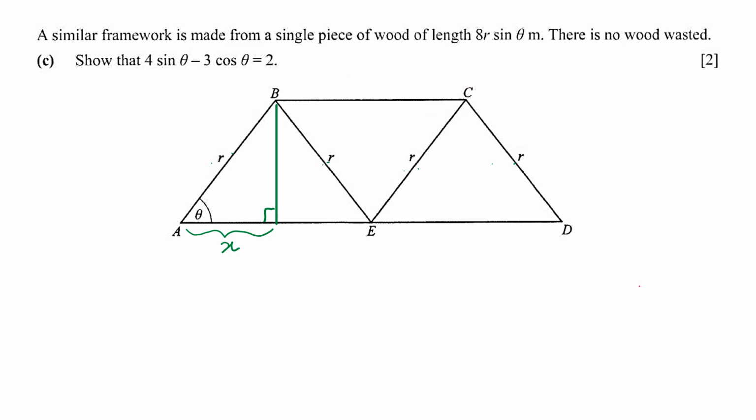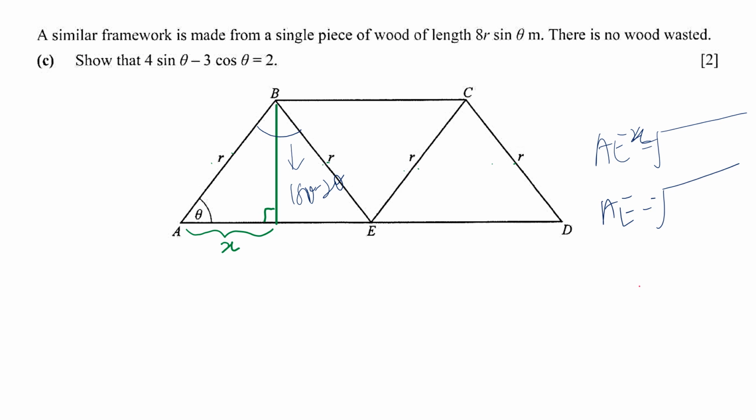Some of you may go and use this angle, use cosine rule to find AE, but you will end up with AE squared equals something, then AE equals square root of something, which you will find very complicated.